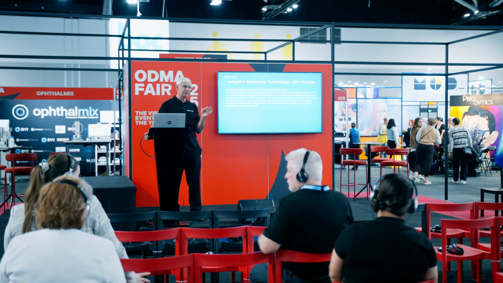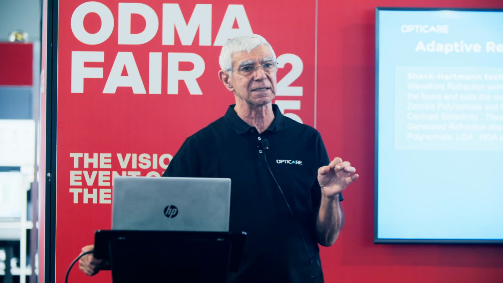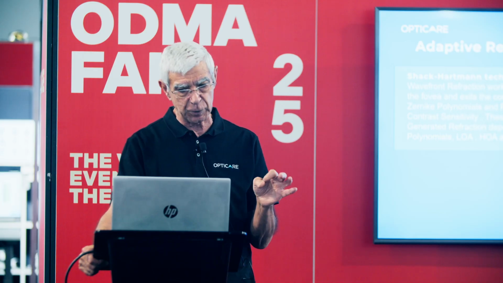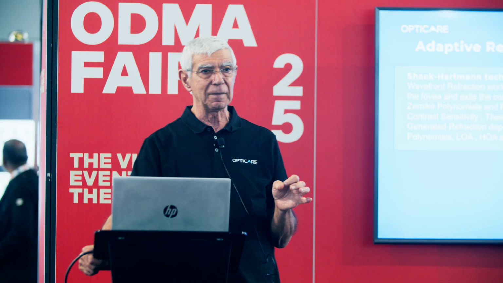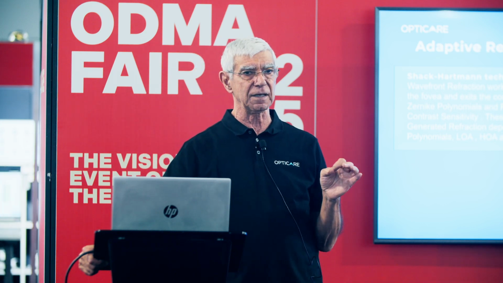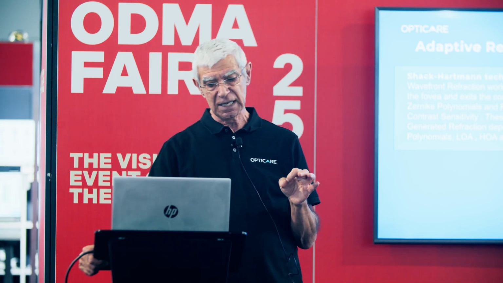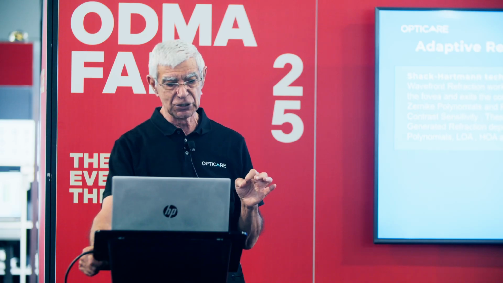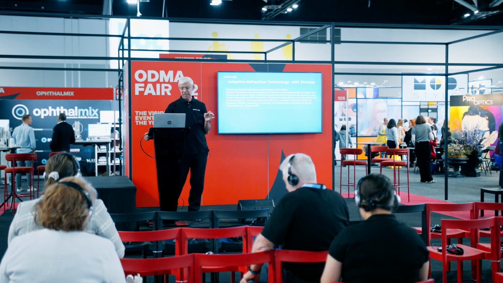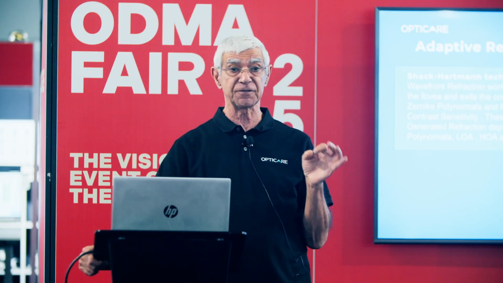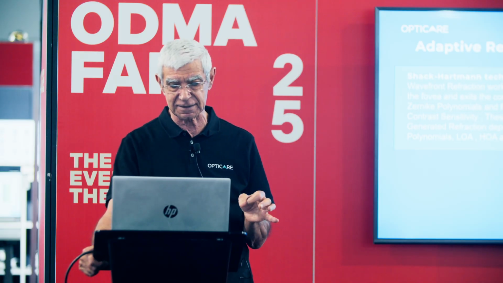And then once we've done this, we then optimize these data points with what we call the Strehl ratio. And then we add to that the contrast sensitivity to enable us to create the best possible refraction for that patient. And we also factor in, of course, the pupil size.